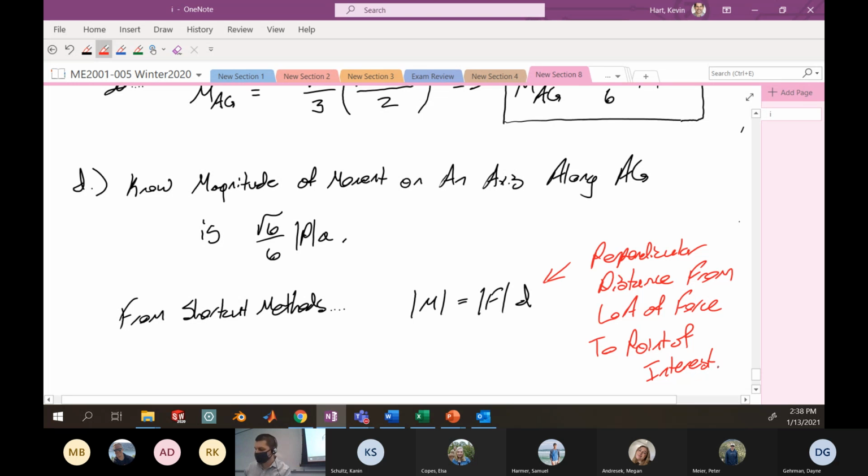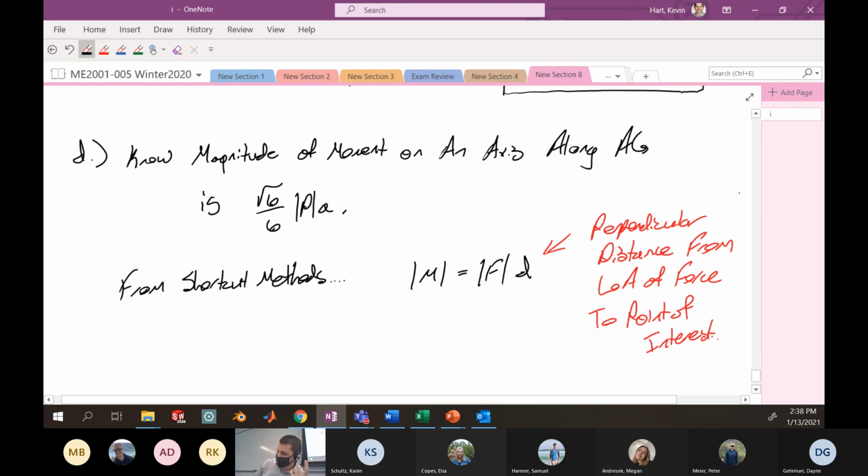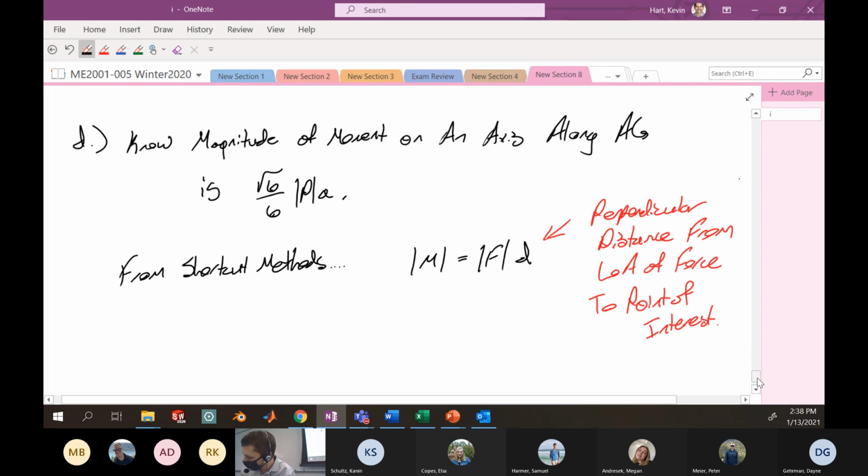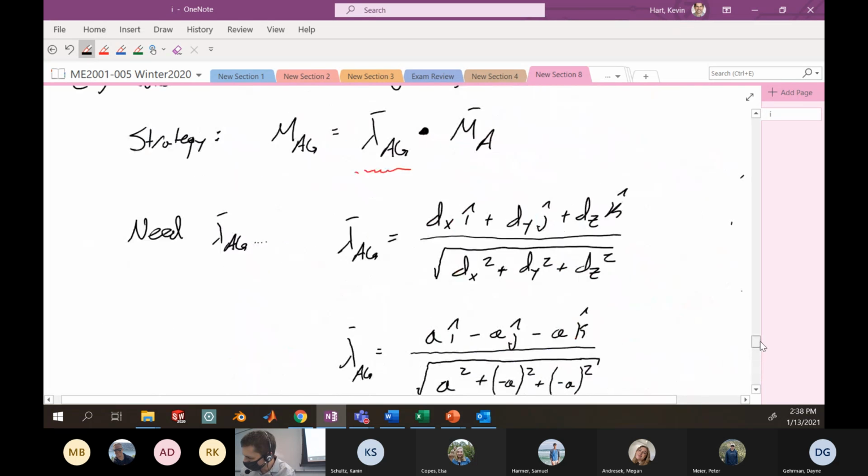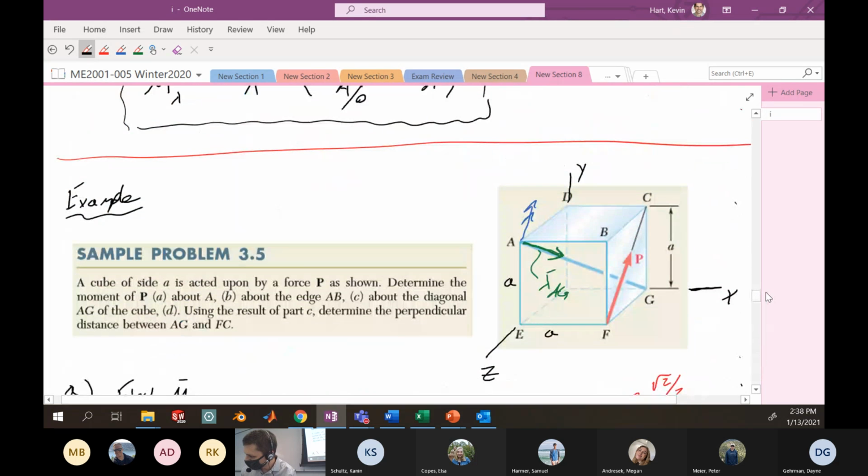Okay. So this d is going to be the shortest distance between our axis of interest, this AG, and the force that's acting, this force P. So what we're looking for in part D of this problem is the shortest distance between the line of action of this force and this particular axis here.